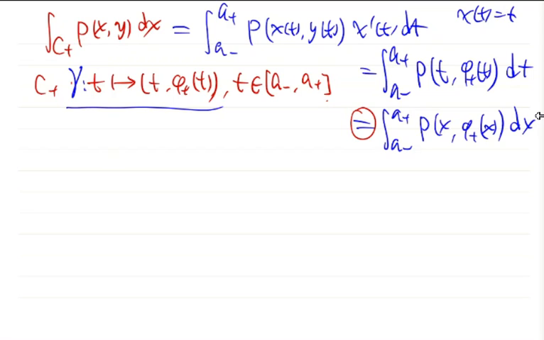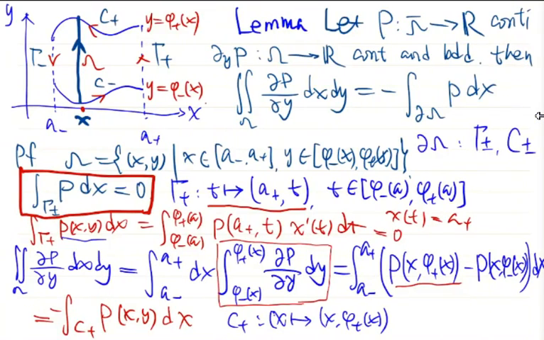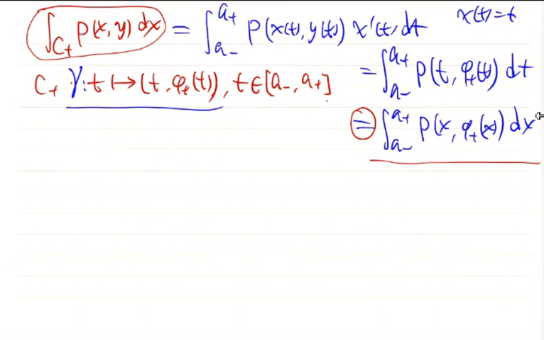So this definite integral is precisely the line integral of p. But in this computation, C plus is in this direction, because it corresponds to x increasing.